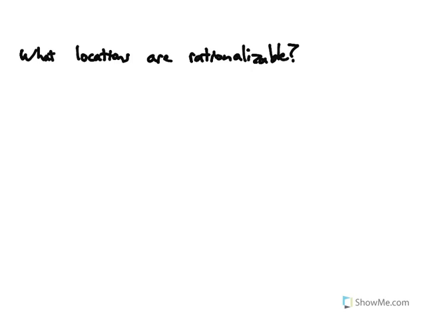Rationalizability then suggests that under common knowledge of rationality, each player knows that the other player is rational, and the other players in the game will not adopt dominated strategies. And so to start with, we have to identify, are there dominated strategies?